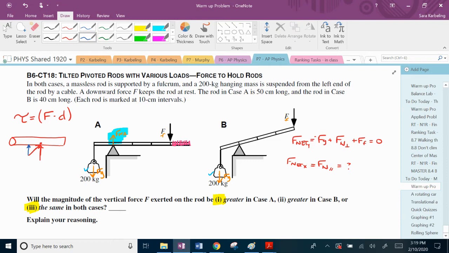So here's my distance. Proportional? Not proportional. They have to be related somehow. Why did I pick the blue part here? Yeah. They have to be perpendicular. The force and distance that we're talking about have to be perpendicular.